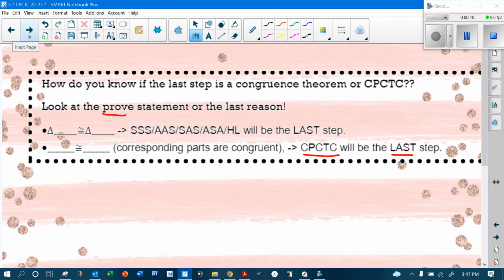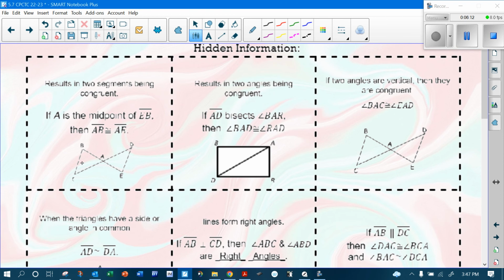Okay, that's how you know. All right, so here's the hidden information again. We're going to keep talking about this. So it results in 2 segments being congruent. If A is the midpoint of EB, then I know that AB is congruent to AE. So if it tells you there's a midpoint, then you can bet there's going to be 2 parts that are equal.